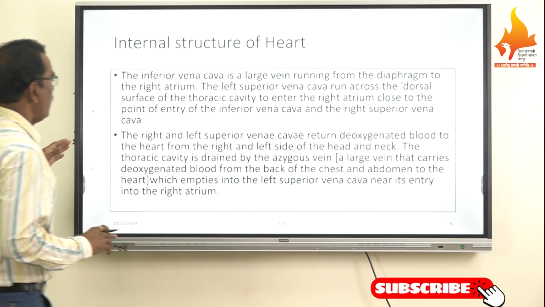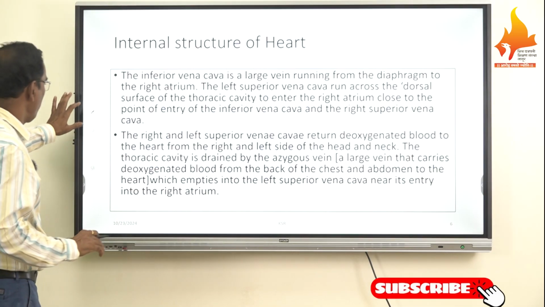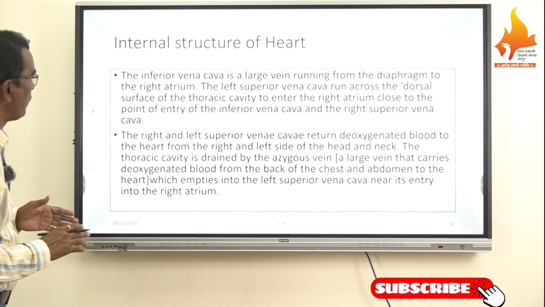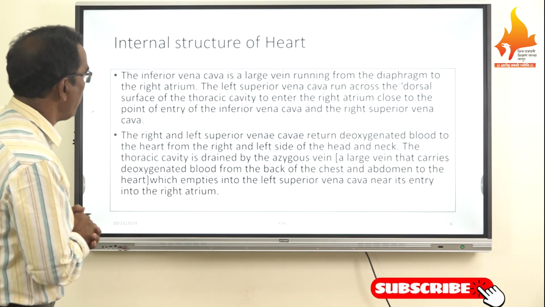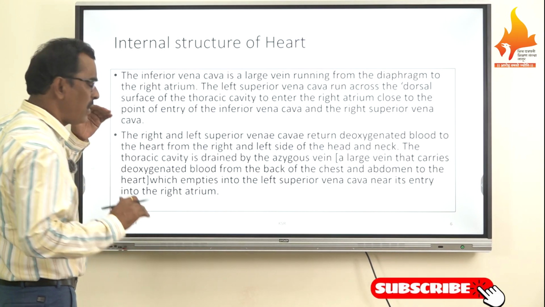If you observe the different blood vessels, the inferior vena cava is a large vein running from the diaphragm, and internally you can observe the superior vena cava.